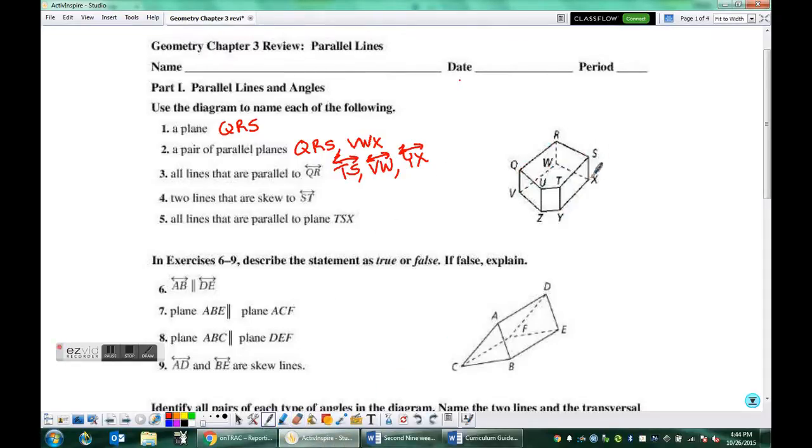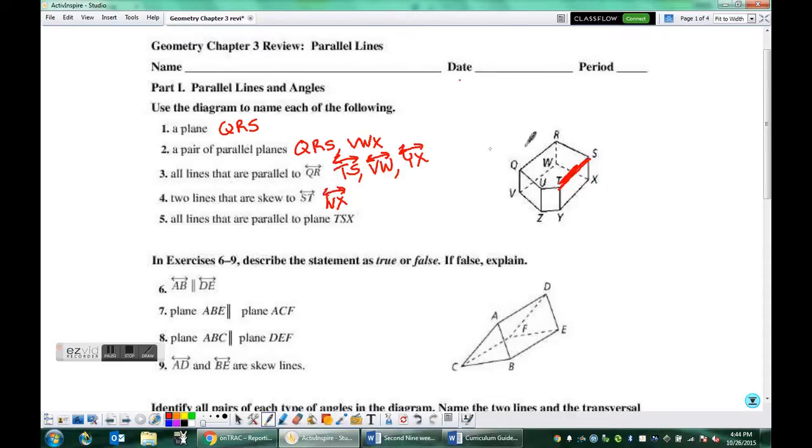The next one, we need to figure out which lines are going to be skew to ST. Remember, what skew means is they're not going to be intersecting, and they're also not running in the same direction, so they can't be on the same plane.